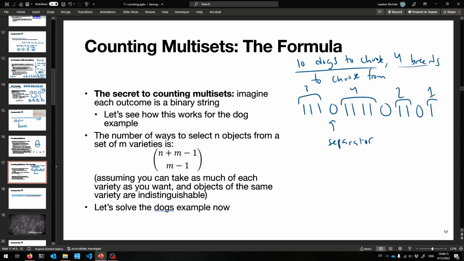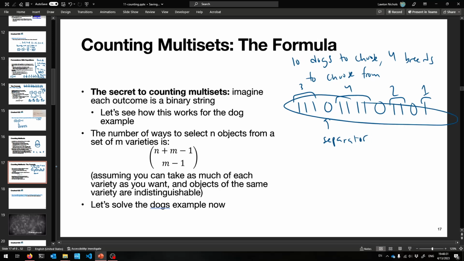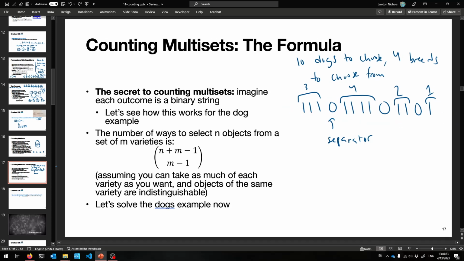So the way to choose 10 dogs, where you have 4 breeds to choose from, is to count how many different ways you can make binary strings that have a bunch of 1s and then 3 zeros. Really, all that matters is how many characters total. There are 10 1s and 3 zeros, so you have 13 characters total that you want to count how many different ways there are to arrange.